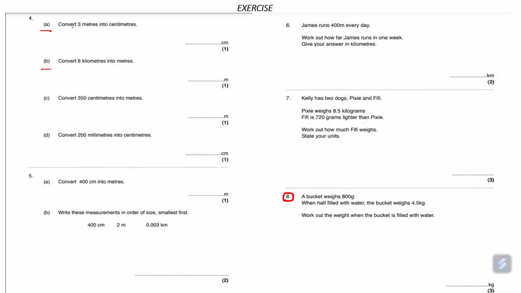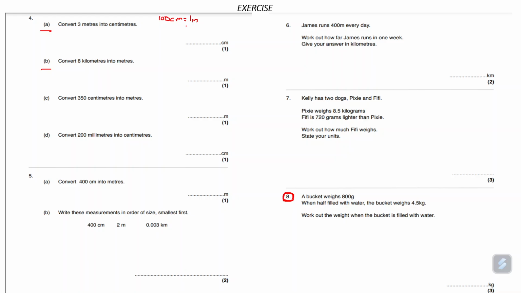The first question says convert 3 meters to centimeters. In other words, we need to state that 100 centimeter make 1 meter. Yeah, I know it's not automatic. I will encourage my learners or viewers, if you struggle with this, you can revise back to the previous slides where I've put together common units, converting from one unit to the other.